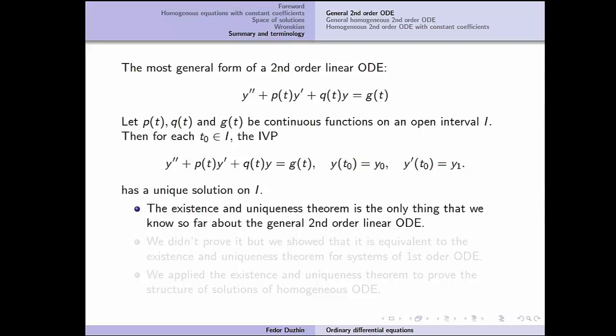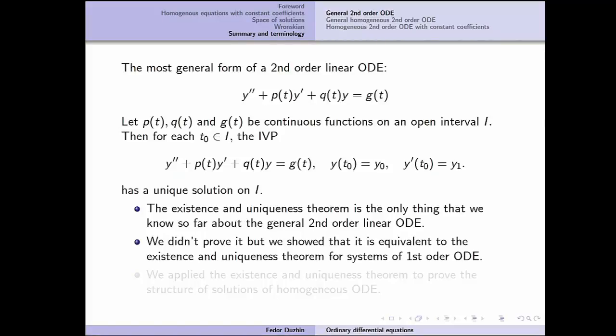We have partially proved that an initial value problem has a unique solution. Specifically, we showed that this theorem is equivalent to a similar theorem for systems of first-order differential equations.